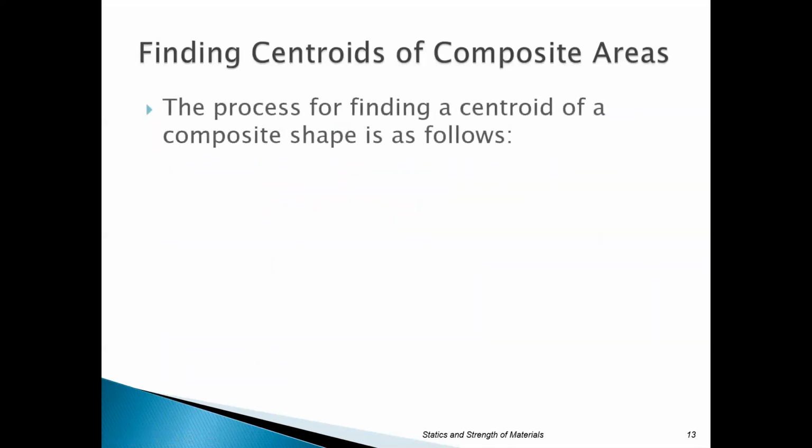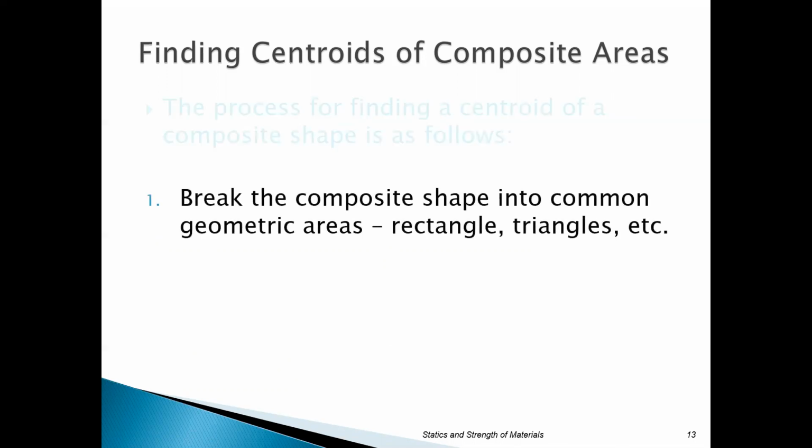Here's your process for finding a centroid of a composite shape, whether it be a manufactured shape or a simple shape. It's pretty straightforward. First, you're going to break the composite shape down into areas that you can handle. What we can handle right now is just 4 shapes: rectangle, triangle, circle, and half circle. You could look up formulas for centroids of other shapes on the internet, but we're not going to see anything other than those 4 shapes, and not all of those every time.